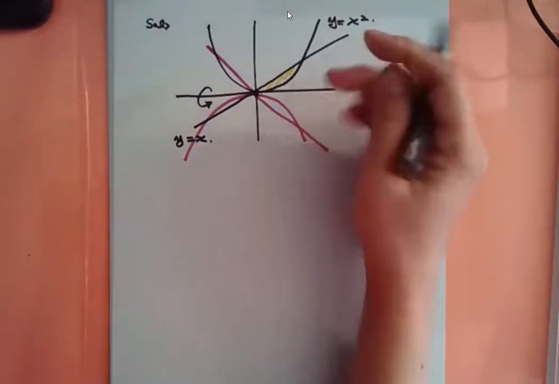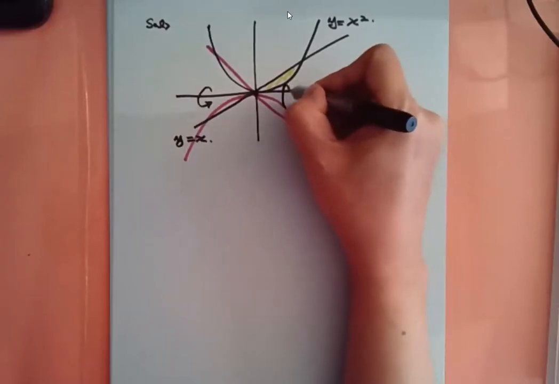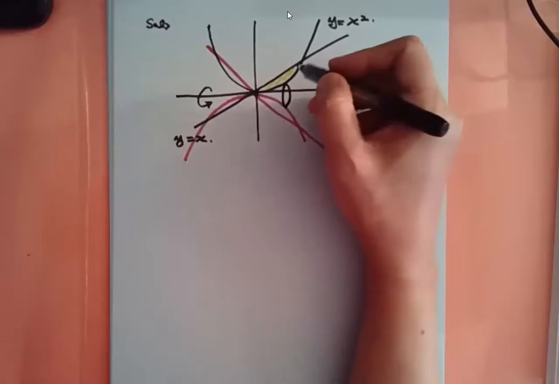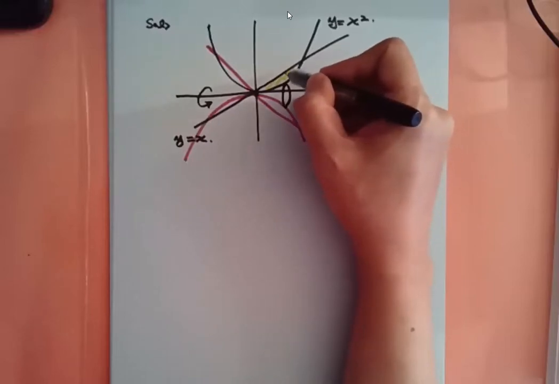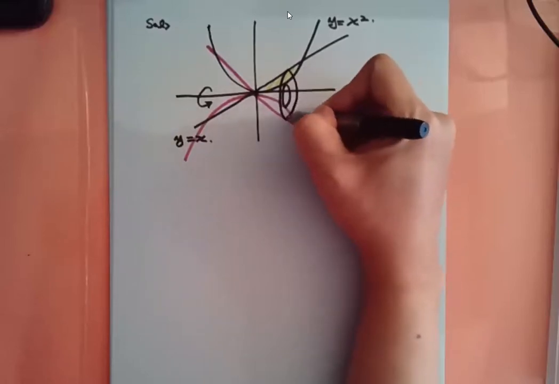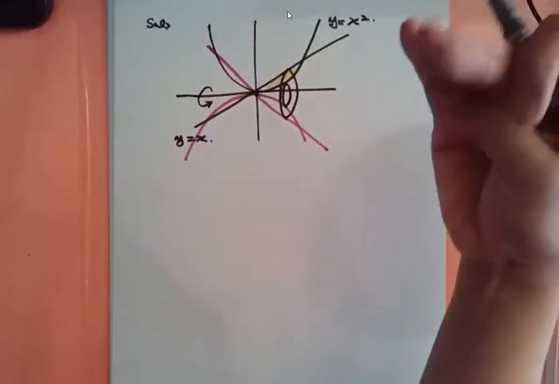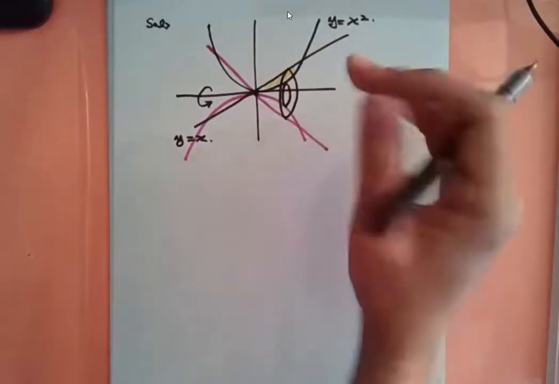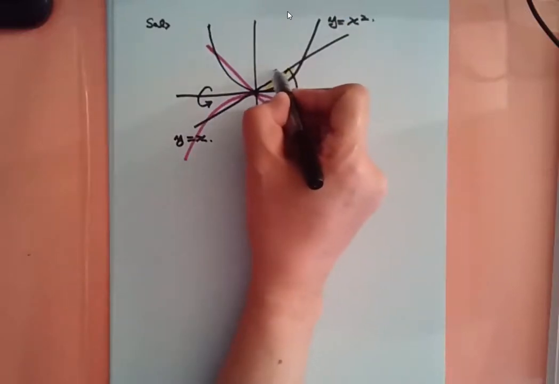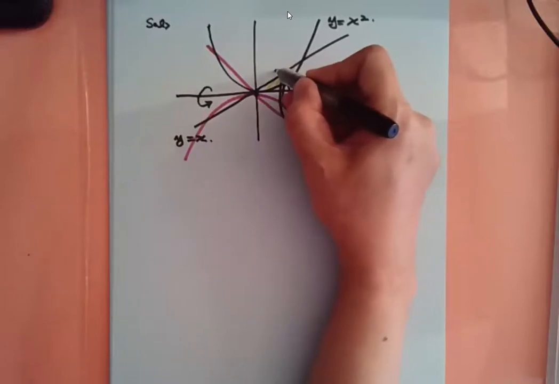And then when we rotate this, we will have two circles from y equals x and y equals x squared, like this. And we are rotating around the x-axis, so we have to draw the cylinder horizontally, like this.